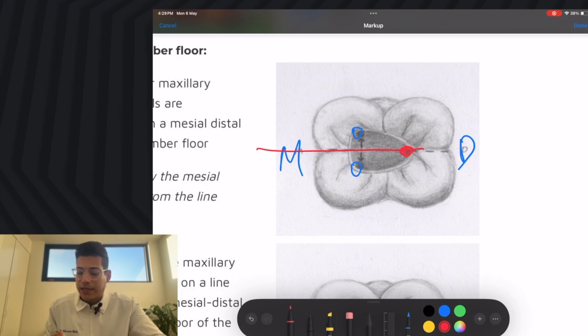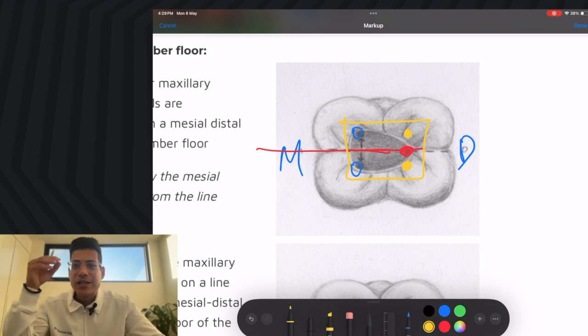If you don't find the canal in the center, then it'll be two canals, distobuccal and distolingual, and there'll be a four canal anatomy tooth. Now that's what has been taught, and that's what we are trying to work on when we're looking for a lower molar endo axis.